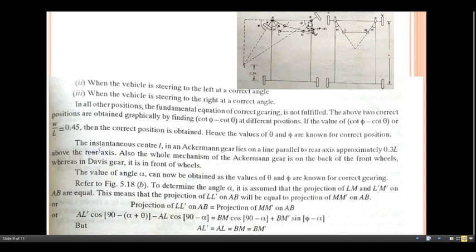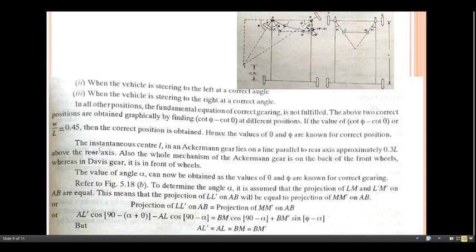BM, if I look at this small triangle formed here, and apart from this one, if I focus on this other triangle, what do we get here? BM cos of 90 minus alpha. This angle with this alpha is 90 minus alpha, so from that relation we get BM cos of 90 minus alpha.